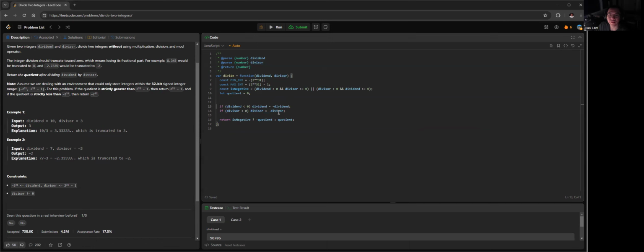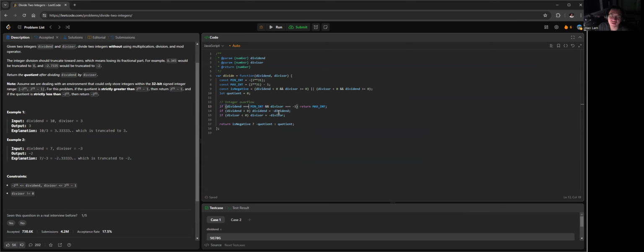So that is it for the sign, the plus and minus. Now we need to take care of the integer overflow, our special case. If the dividend, as I mentioned earlier, is equal to the min int and the divisor is equal to -1, we return the maximum, because we have integer overflow here.